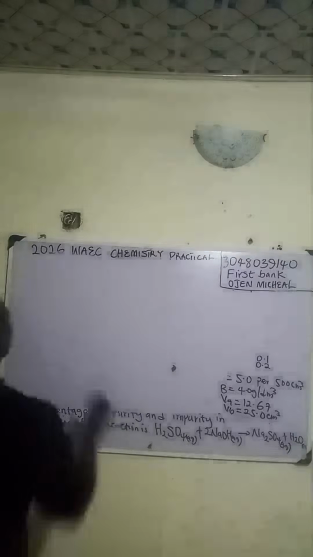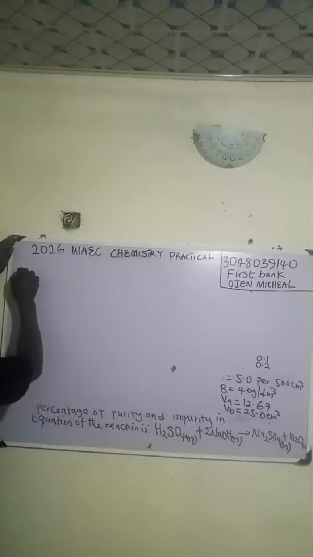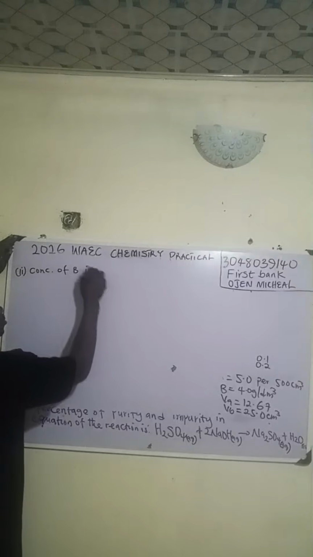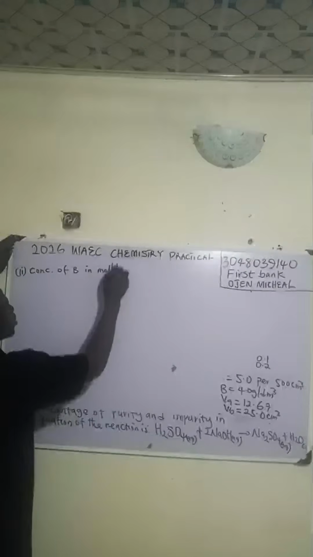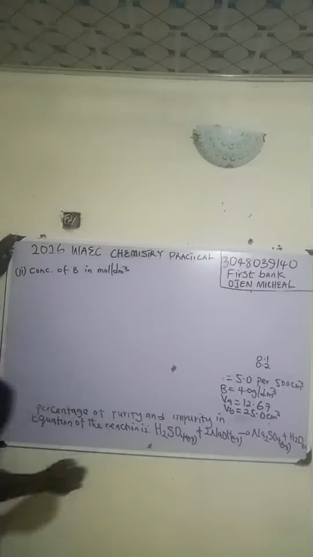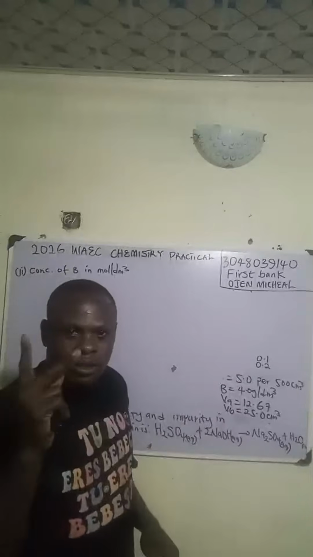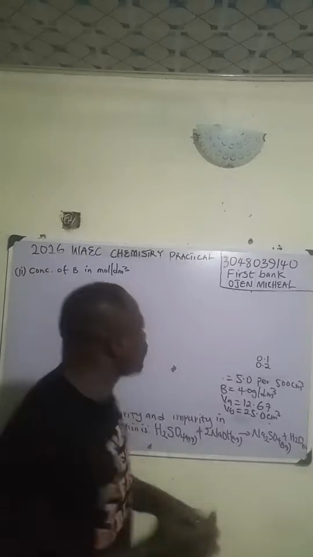Now, concentration of B in moles per dm cubed. Moles per dm cubed has two formulas.